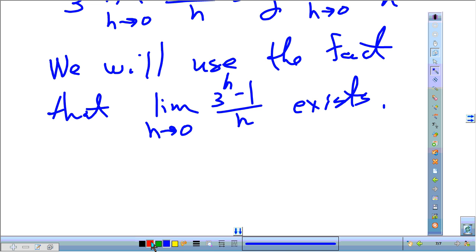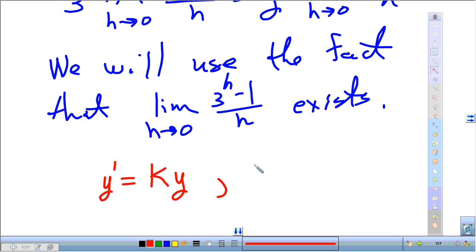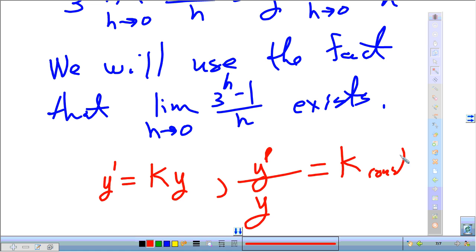So what we've found is that y prime is equal to a constant, whatever this limit is, independent of the x, times the original function. Or in the case of an exponential, the ratio of the derivative to the function is constant. So they're proportional.